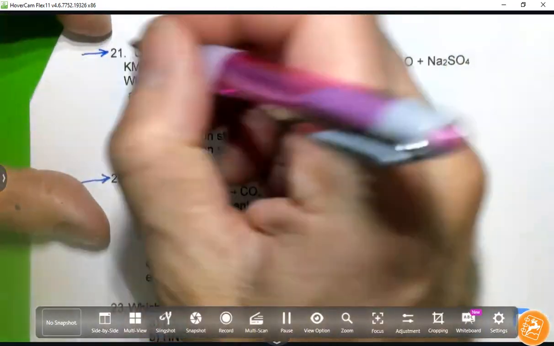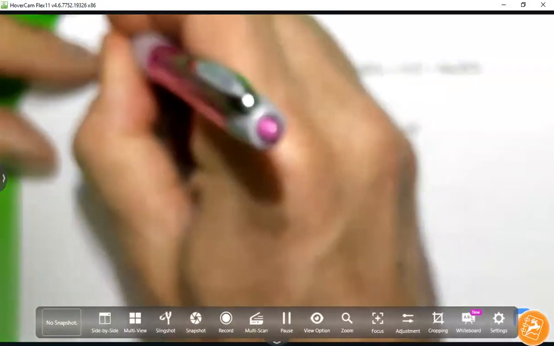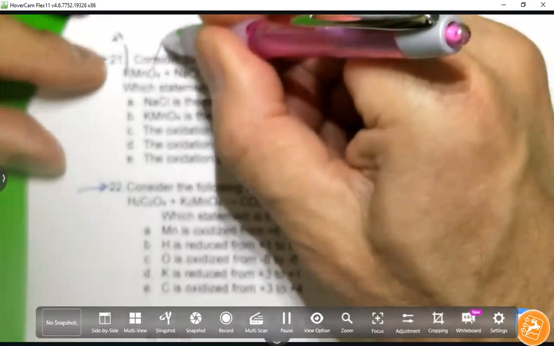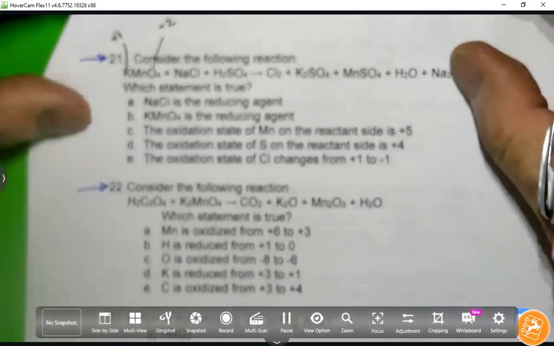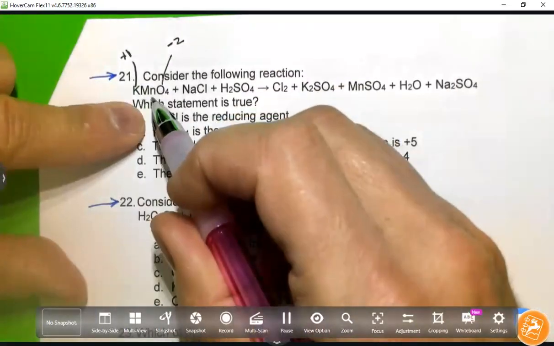Let's see if I can do it. What's the charge of potassium always? +1. Okay, what's the charge of this oxide? Always -2. What does that give us for a charge of manganese?